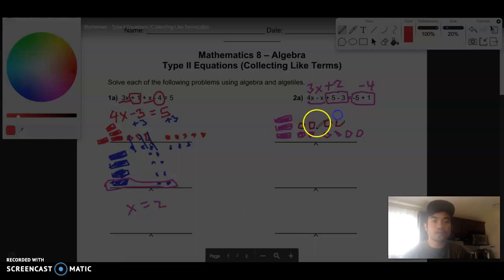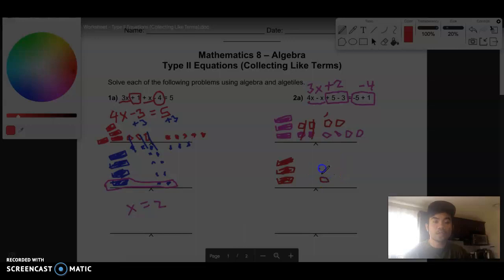Very good. Now we can cancel this off. This is gone. So now what are you left with? Well, you are left with 3x: 1x, 2x, and 3x. And how many negatives are here? Negative 1, 2, 3, 4, 5, and 6. Okay, that's pretty easy.